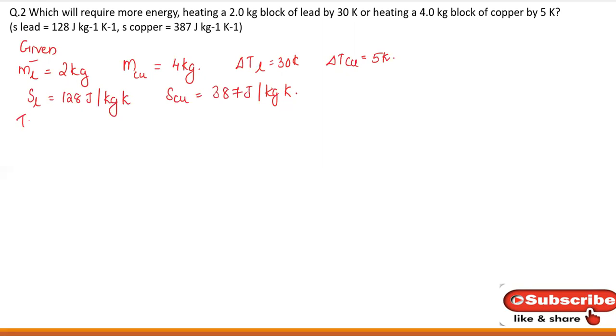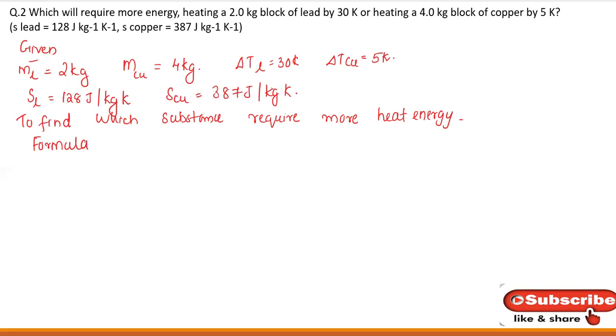So to find which substance requires more heat energy, we know that the formula for heat is Q is equal to m s delta T.